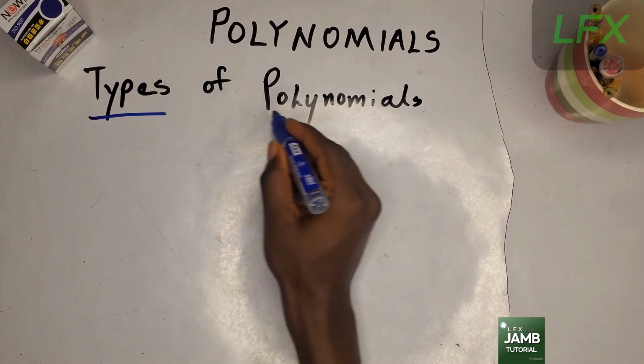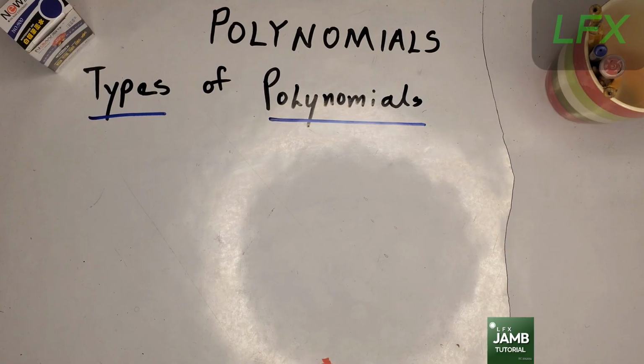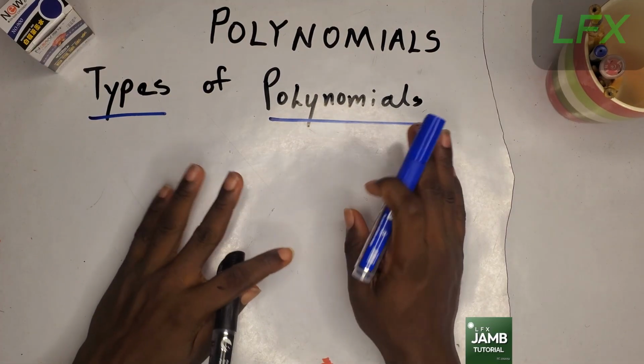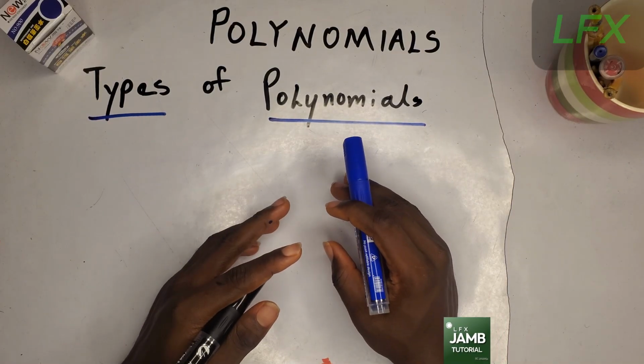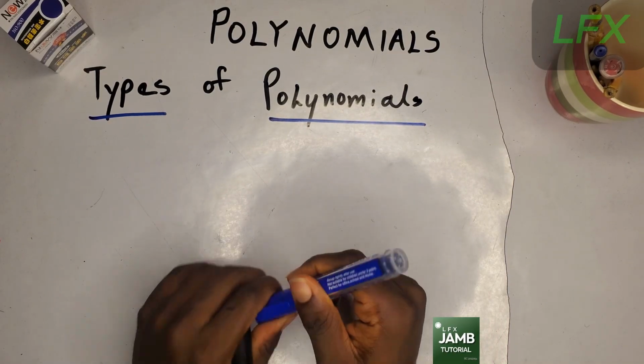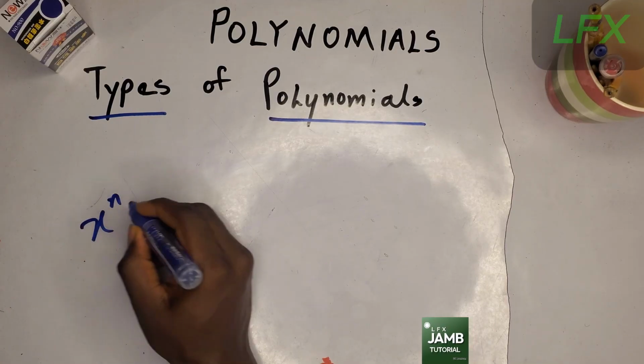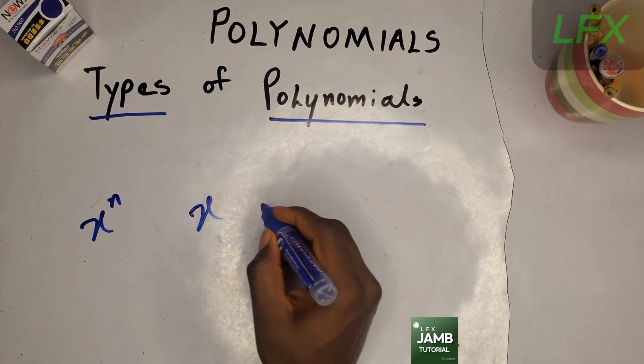We're going to talk about the types of polynomials by their degree. The n is a representation of the degree, is how we know the degree. That n you see there, when I say x raised to power n, is the degree. So meaning x raised to power what?